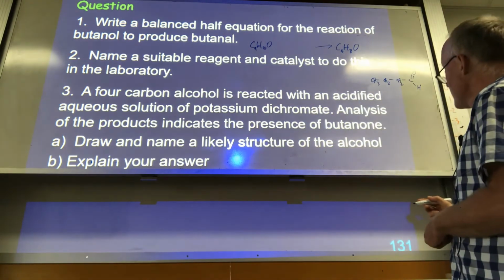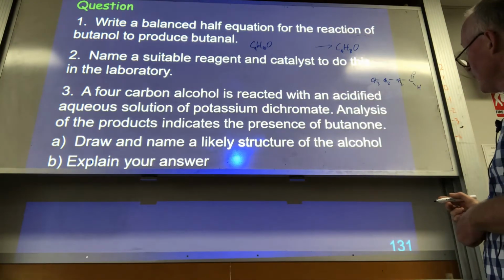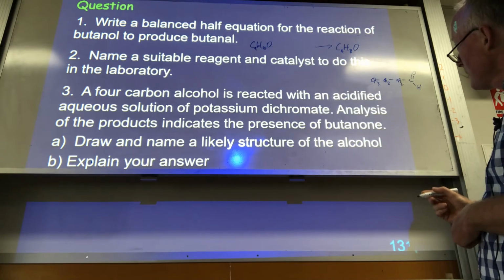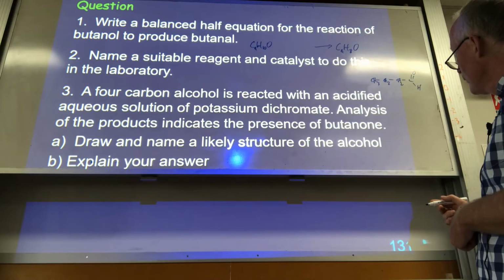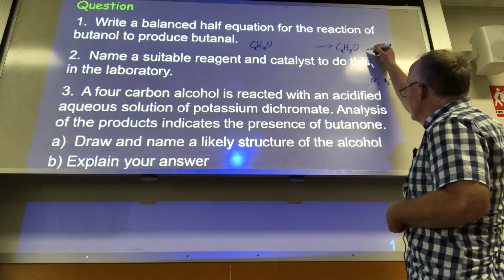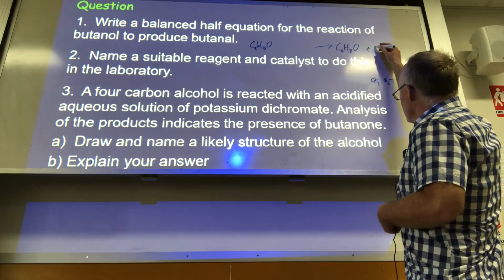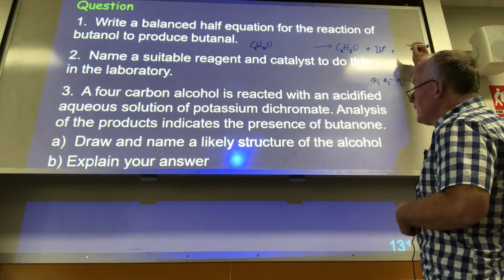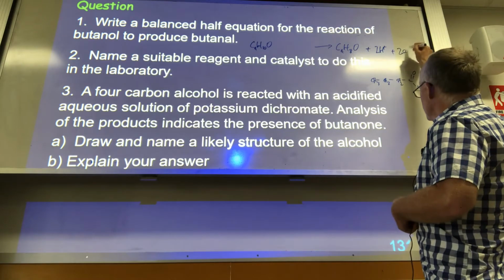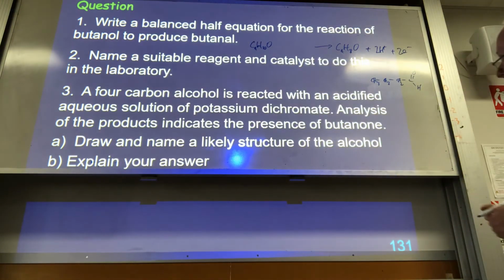Now we just need to balance it in redox terms. What have we got? We've got the same number of carbons, so that's good. Same number of oxygens, that's good. We need a couple of hydrogens on this side, so we add H+, and then to balance the charges, we need some electrons. So nice and simple.